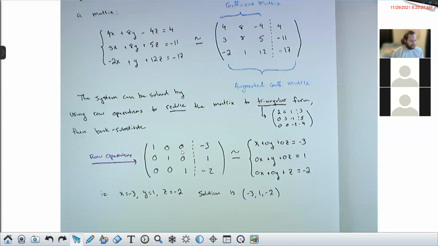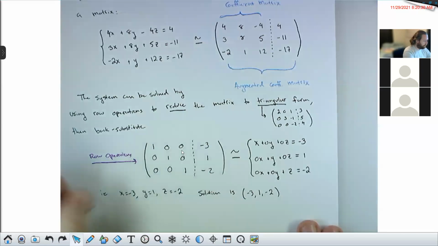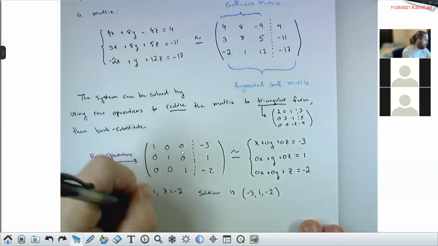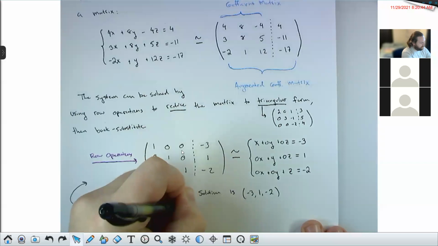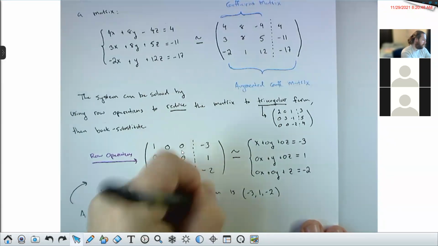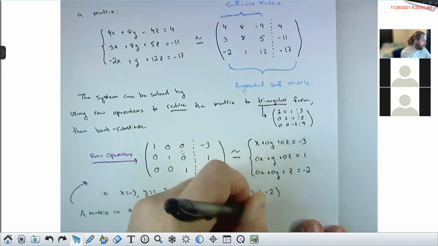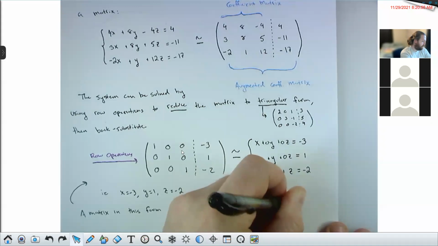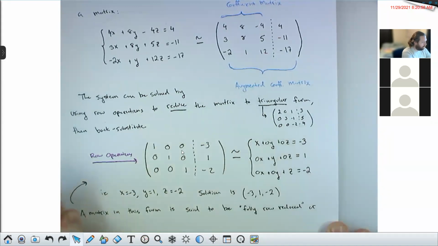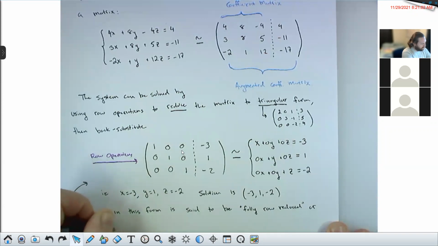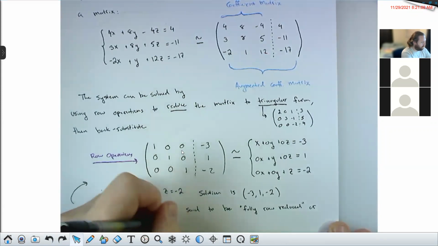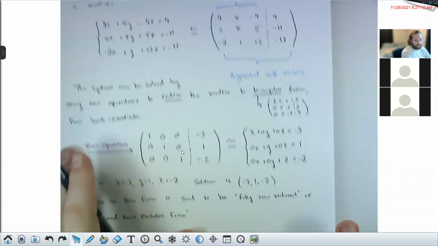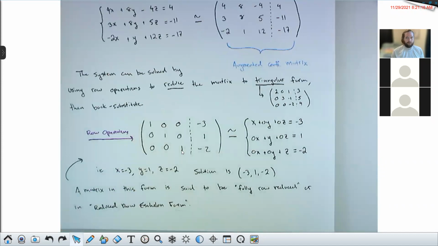It's not necessary, but a matrix in the form that we see up here is said to be fully row reduced, or it's called reduced row echelon form, which is just a fancy way of saying you've done everything you can possibly do, right?